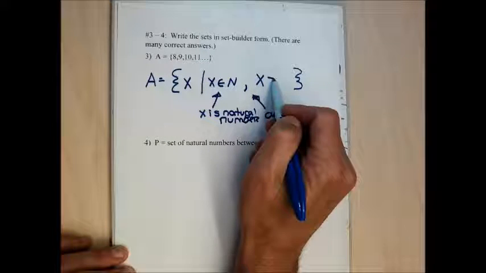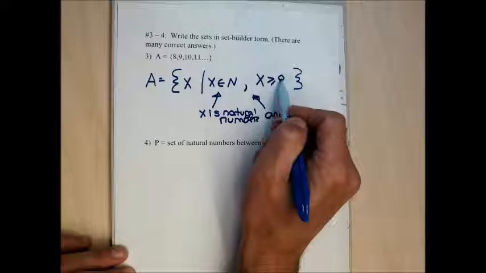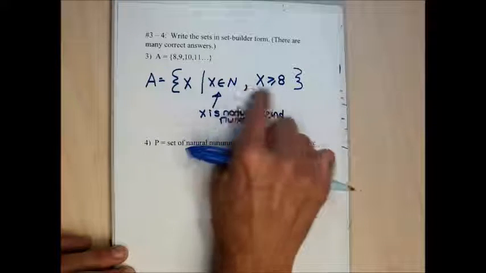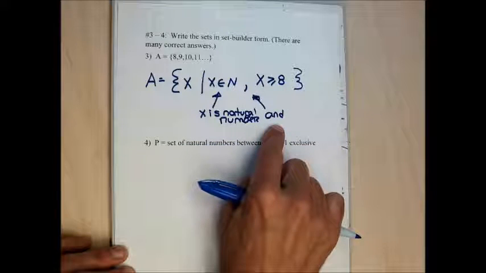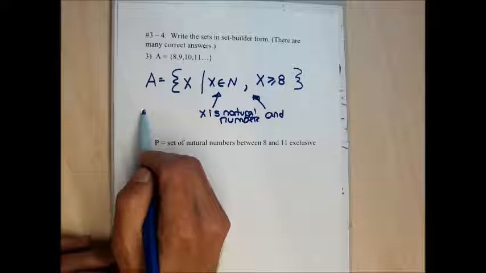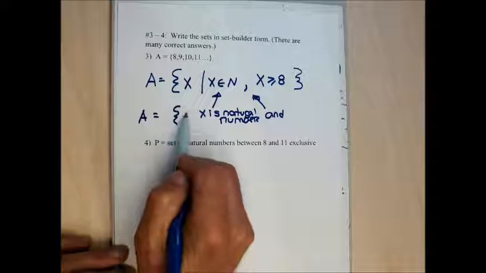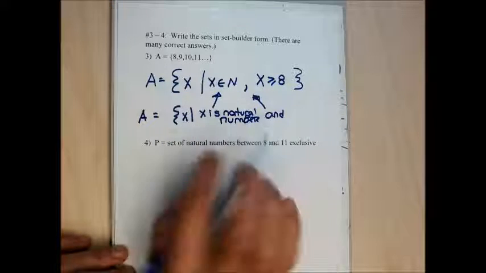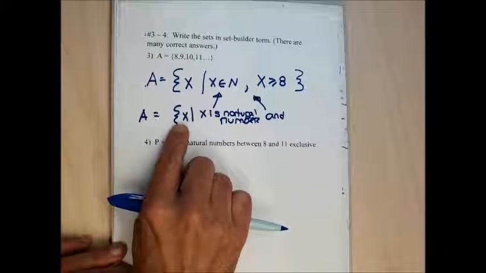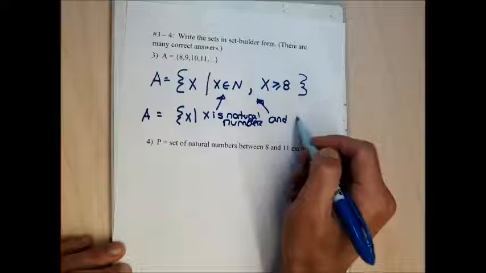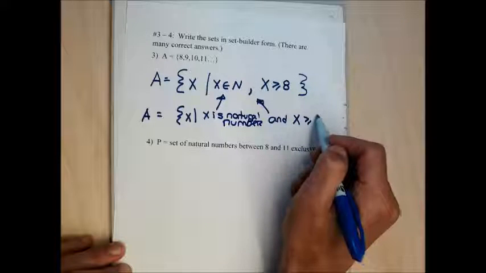I don't think there's a nicer way to describe the numbers other than that they're natural numbers and they're greater than or equal to 8. This part after the comma or after the and, I probably wouldn't write any differently. So an alternate choice might be an answer like this: A equals the set of all x with the property that x is a natural number and x is greater than or equal to 8.